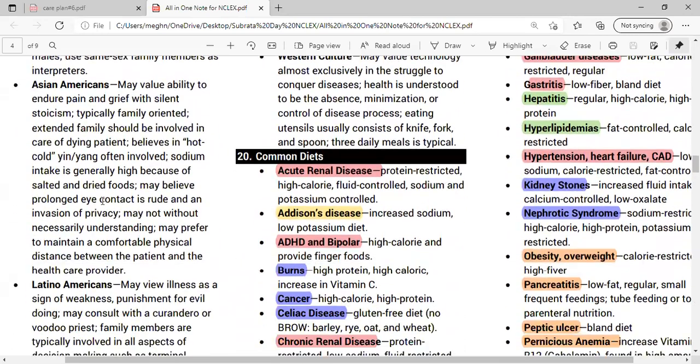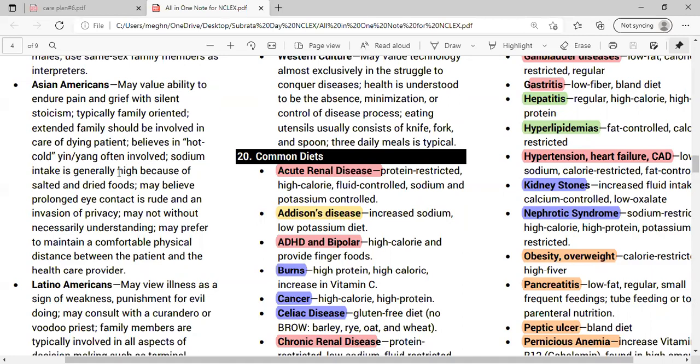In case of Asian Americans, they may value the ability to endure pain and grieve with silence. Also, stoicism, and typically family-oriented. Extended family should be involved in care of dying patients. They believe in hot and cold, and yin and yang, often involved.